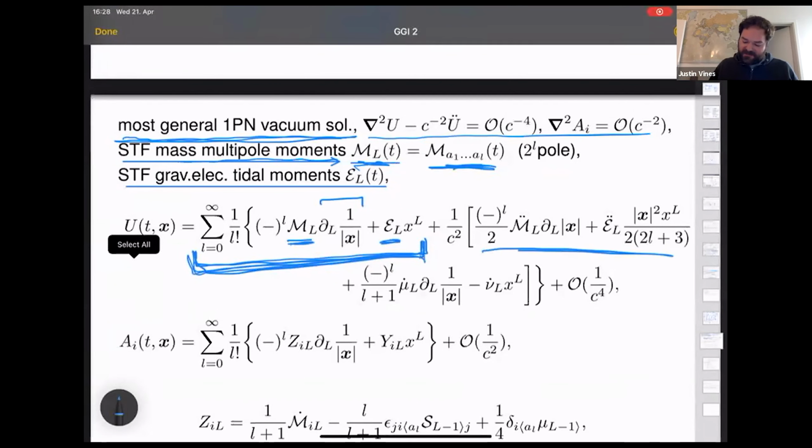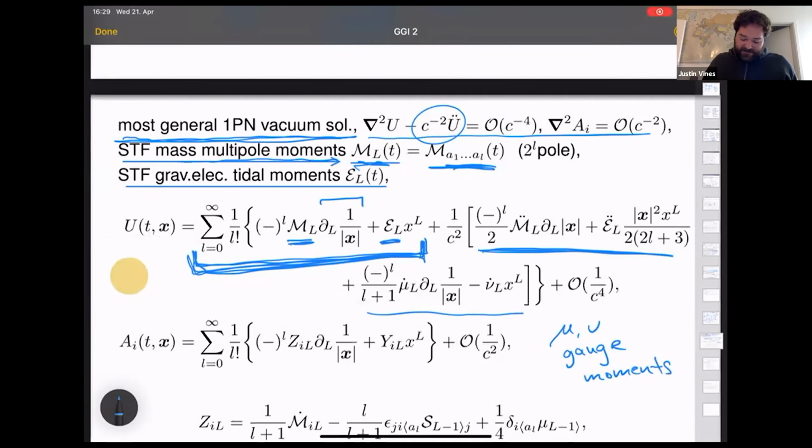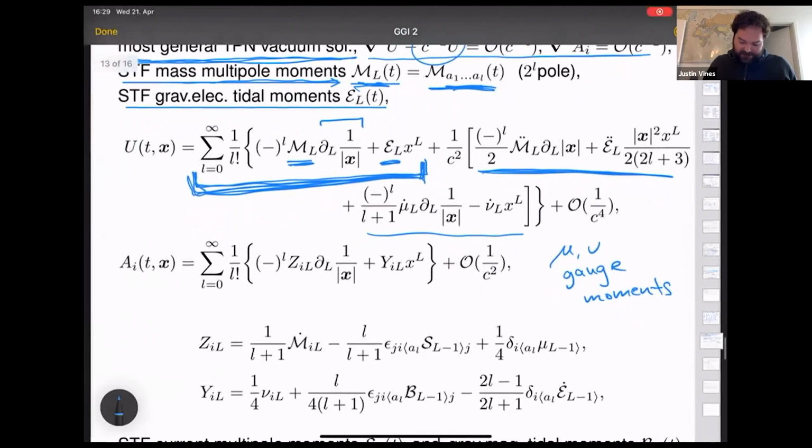This part is essentially a particular solution, again, to this expanded retardation part of the wave equation. These parts, mu and nu, are gauge moments. So I'm not going to have time to explain this fully today, but let's just say they're pure gauge. But we were writing down the most general solution.